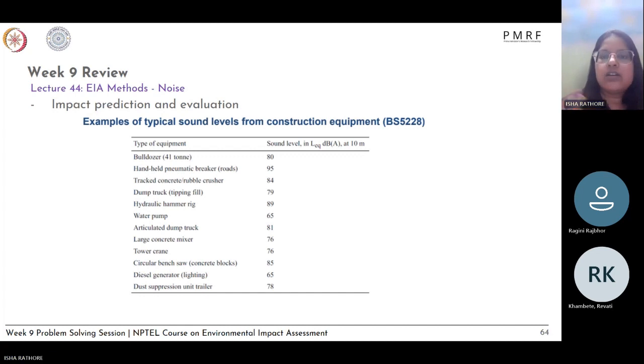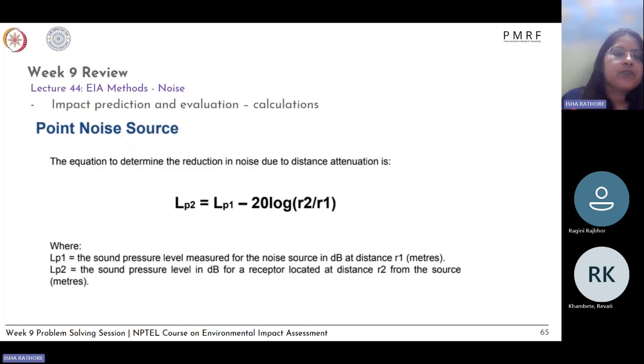So that's a significant amount of sound which you are being exposed to, and this is especially at a 10-meter distance. If that distance is less, it's more significant what you are listening to. So that is why we do this impact prediction and evaluation, because these construction activities generate a lot of noise.